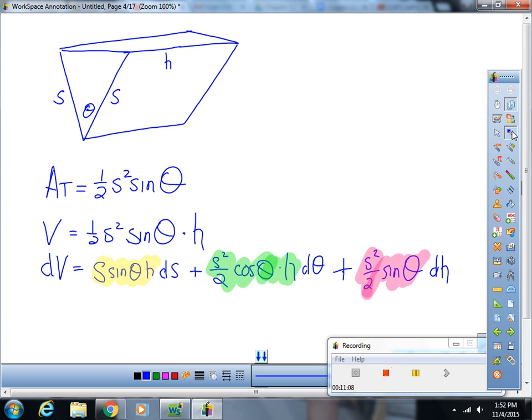Our ds is, what does it say? 1/2 of an inch. Our s is 18. Our h is 16 times 12. Oh gosh, I'm going to act smart. That's like 192. So you would literally just pop in 18 for s, 192 for h.